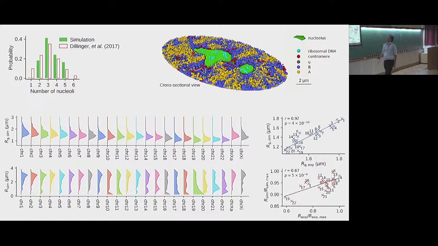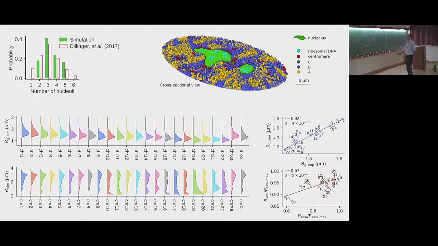And this is the distribution of the number of nucleoli for the simulated and experimentally observed data. And this is the radius of gyration of each chromosome, and this is the position, the distance from the center of each chromosome. This shows agreement with experiment.